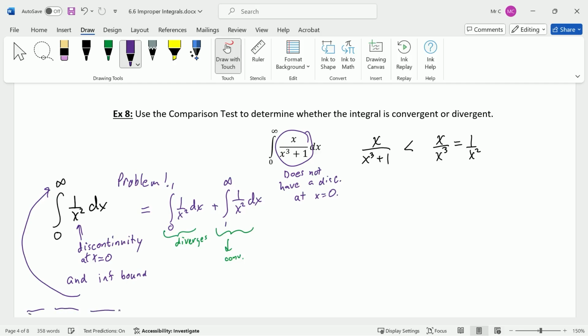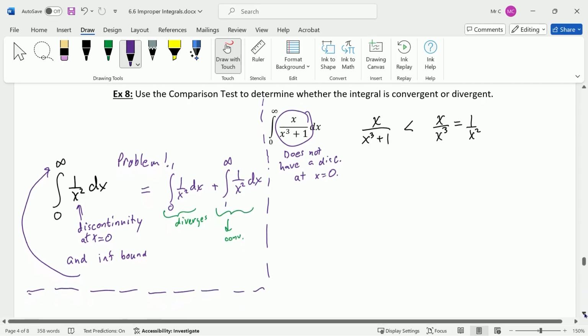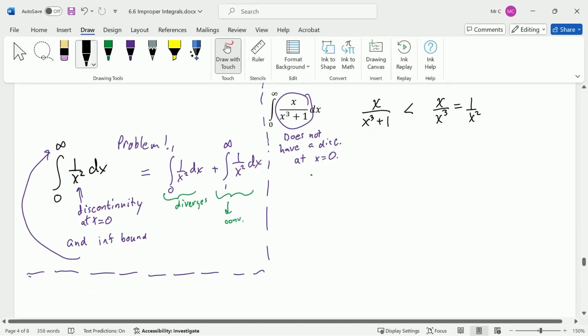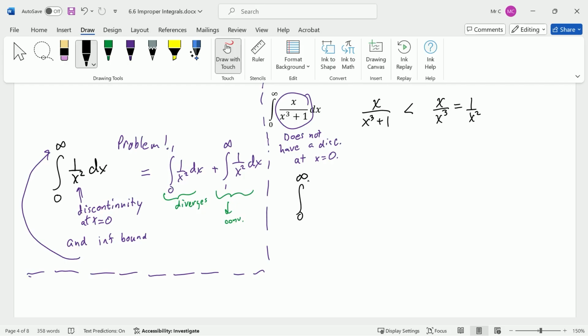Well, this was just some thought process before we actually dig into the problem. What we're going to do instead is first manipulate the original integral. So we had the integral from 0 to infinity of x over x cubed plus 1 dx. And I'm going to split this into two: the integral from 0 to 1 and the integral from 1 to infinity.